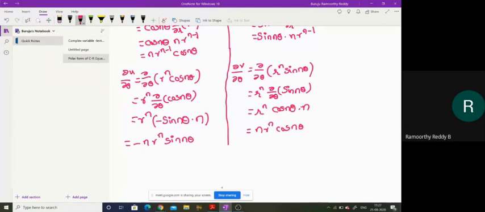See, what is ∂u/∂r? You are getting n r^(n-1) cos nθ, right?